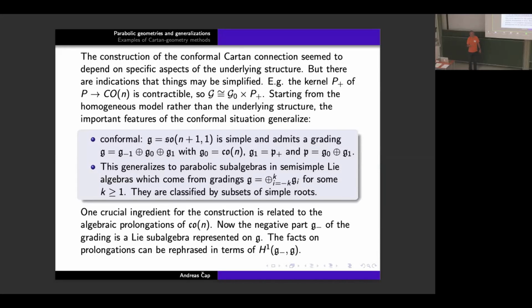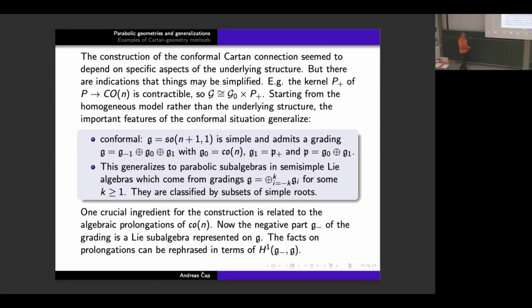Yeah, I told you, you show that the first prolongation is n-dimensional. This gives you an n-dimensional family of compatible torsion-free connections. And the second prolongation vanishes. This gives you the hope to get a Cartan connection. And this is what enters the construction of the canonical Cartan connection.